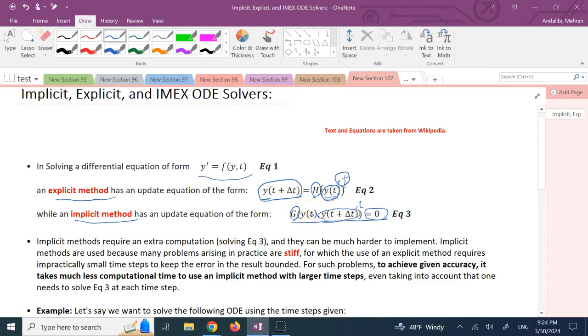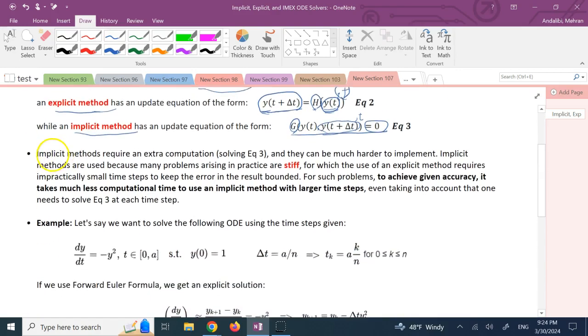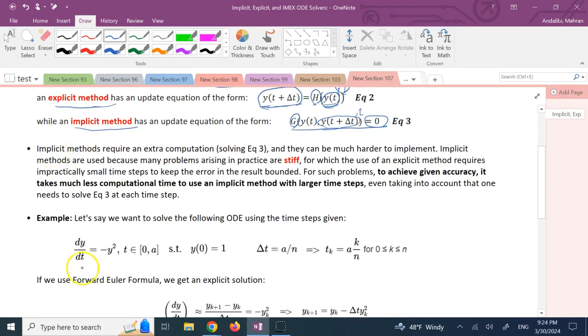Okay, so in order to clarify that, let's look at this simple ODE, y dot equals negative y squared, where t is between 0 and a, and it's subjected to the initial condition y of 0 equals 1. So my first t is at 0, and then the next t, which is at 0 plus delta t, or delta t, is at a over n, and a here is the entire range divided by the number of steps.